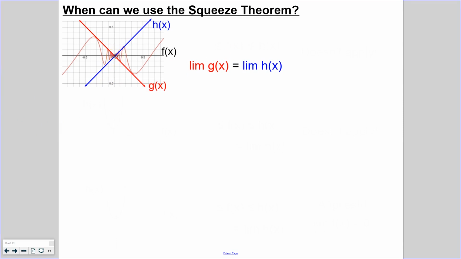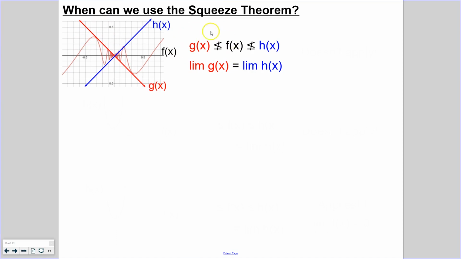So one might think, okay, great. That means I can use the squeeze theorem here, and I can know what the limit of f of x is at 0. However, there's a problem, because g of x is not always less than f of x. I mean, g of x is less than f of x for this piece down here, but up here, g of x is greater than f of x.